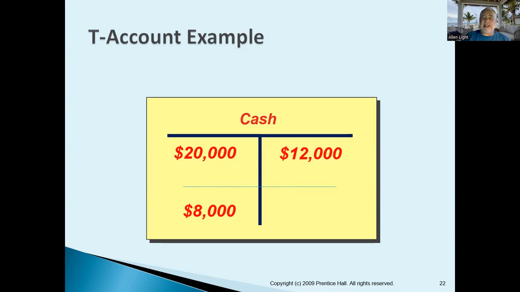The 12,000 decreases it because it's a credit. So the balance in the cash account is going to be combining these two together. Positive 20, negative 12, the balance in the cash account is 8,000. So 20 minus 12 is 8,000, and it's on the debit side of the T account.